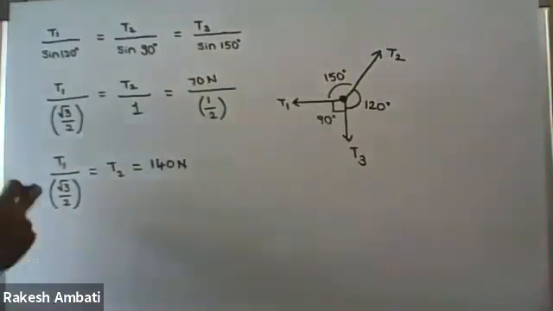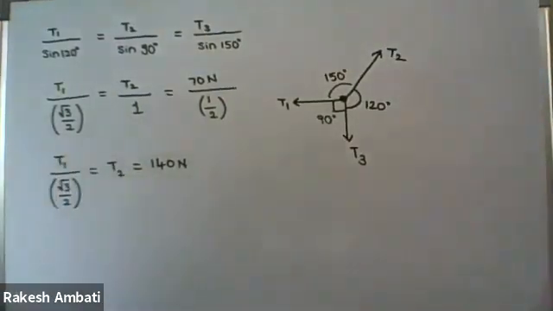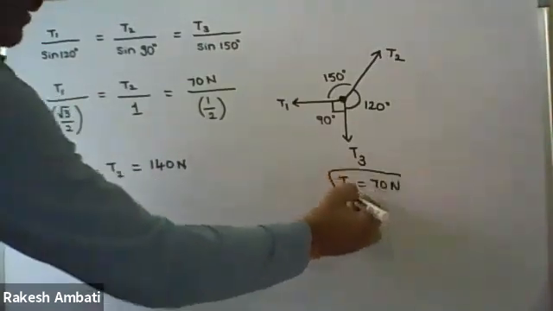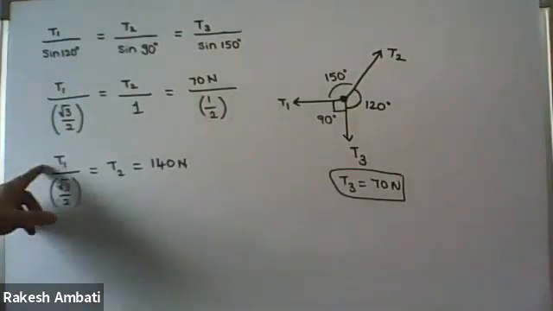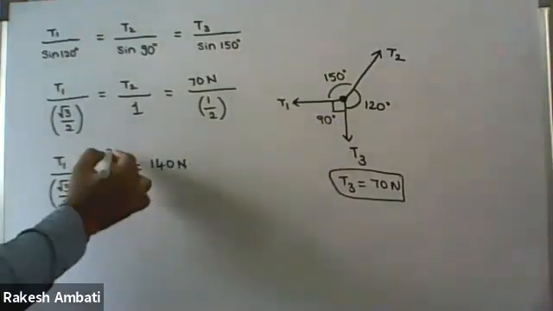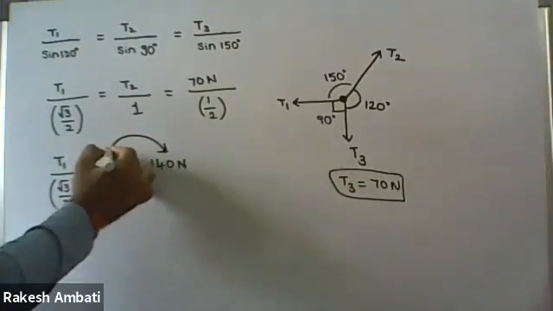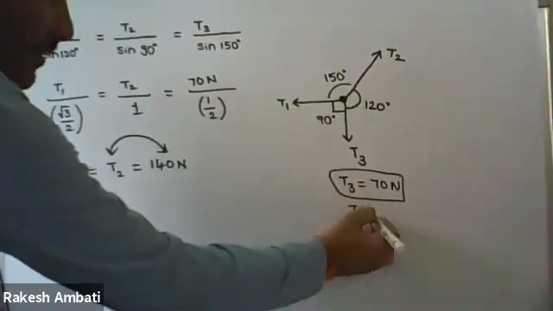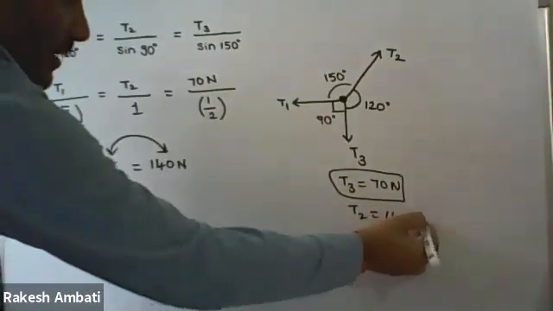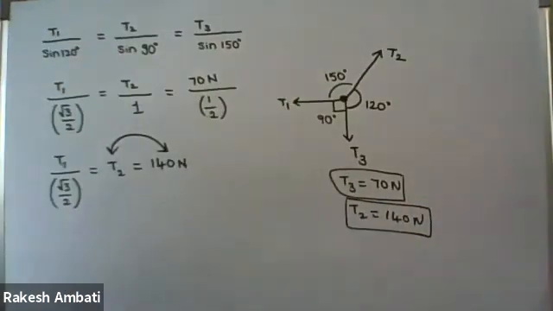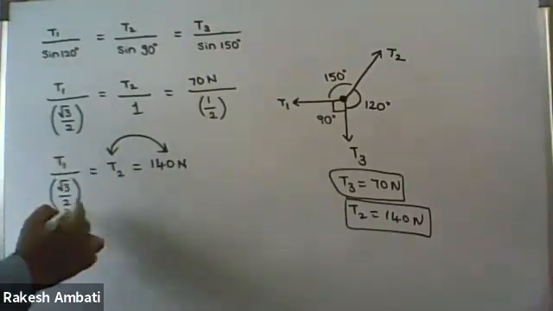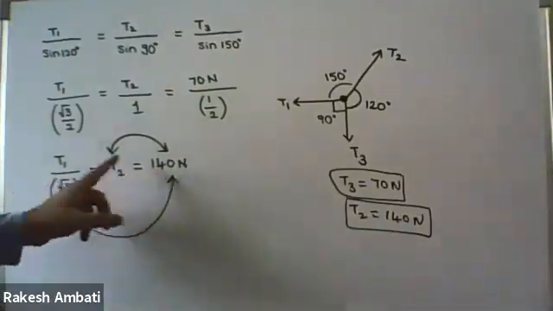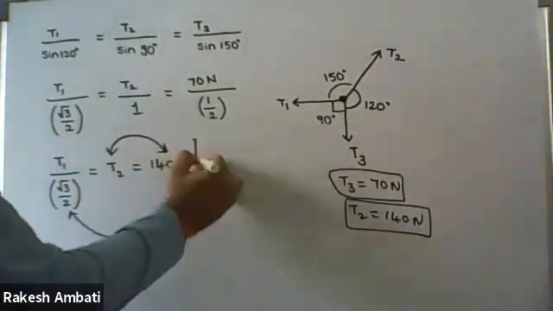Now from this equation, we have to find T1 and T2. T3 we already got, and the T3 value is 70 newtons. Now the only thing is we have to find T1 and T2. If we equate these terms, then we have T2 equal to 140 newtons. Then now I want to find T1.